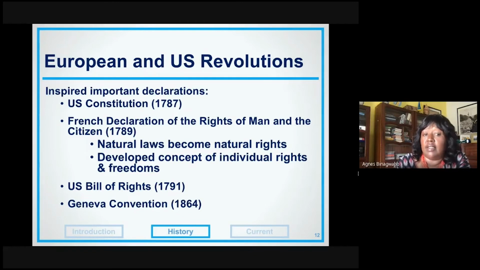His ideas serve as an inspiration for a variety of important legal conventions, including the US Constitution in 1787, the French Declaration of Rights of Man and the Citizen in 1789, where natural laws became natural rights, the US Bill of Rights in 1791, the Geneva Convention conceived in Switzerland in 1864 for the treatment of wounded soldiers and the protection of medical transport during combat.